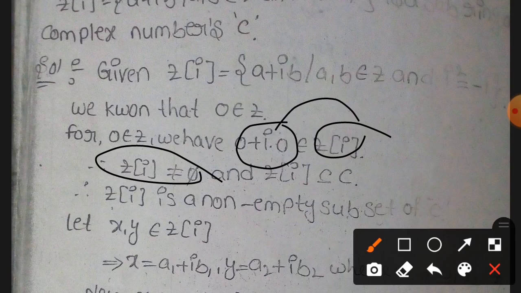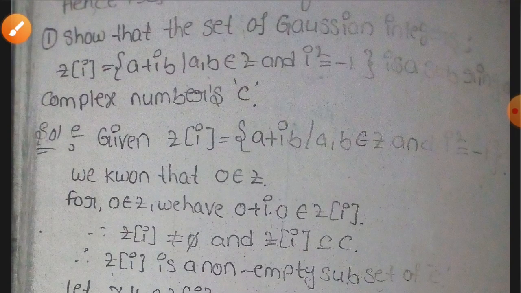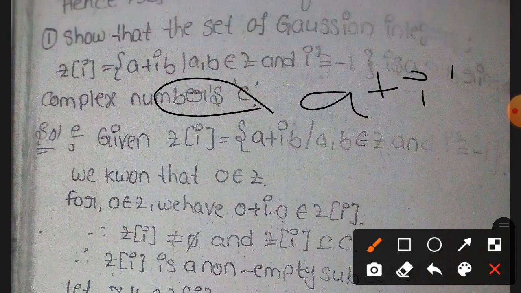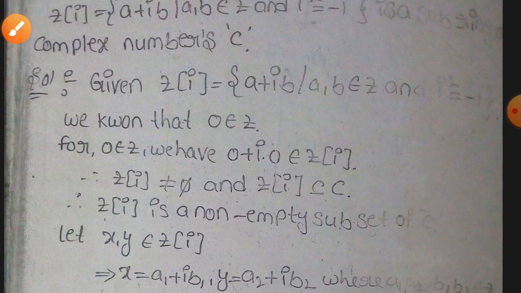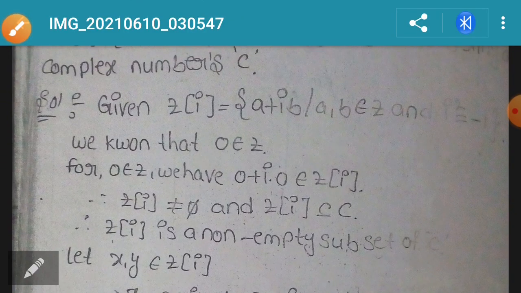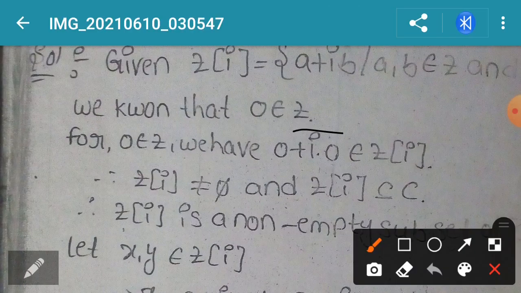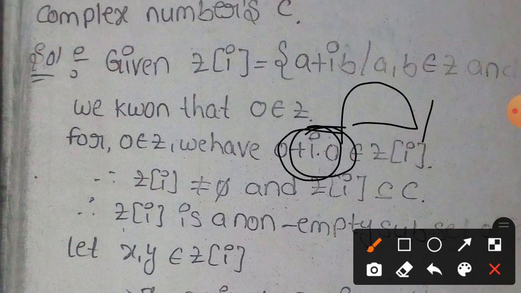How are the elements of the Gaussian integer set? They are also of the form a plus ib. The complex numbers are also in the form a plus or minus ib. So the element 0 plus i0 is in the Gaussian integers, and the element 0 plus i0 is also in the complex numbers.